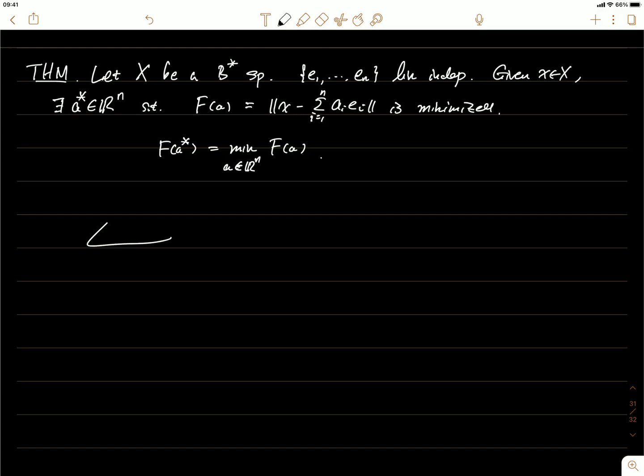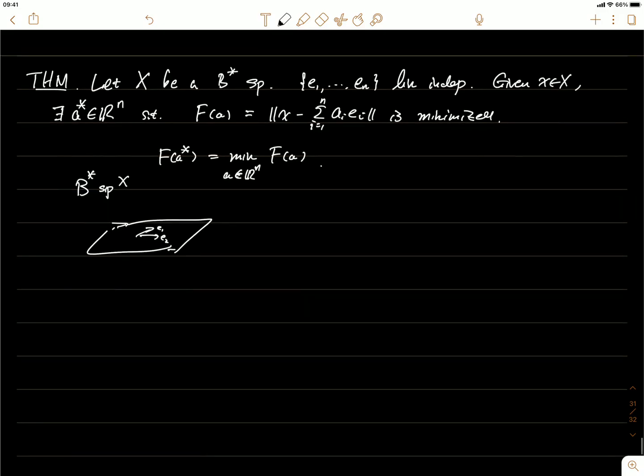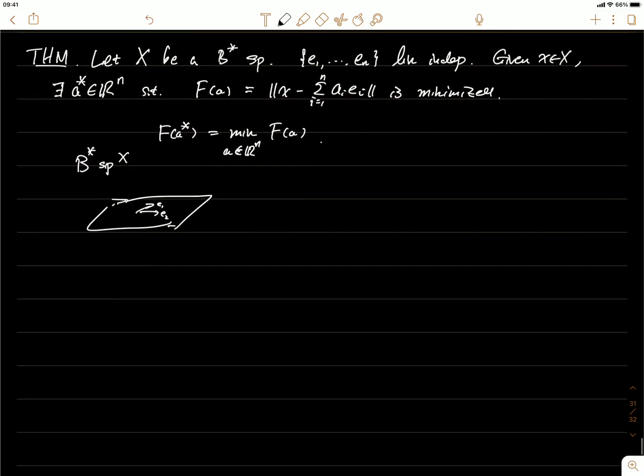What do I mean by that? Say you have X as your B star space, the whole B star space X, and you have a finite dimensional linear subspace, which could be spanned by some E1, E2, up to En, linearly independent vectors.